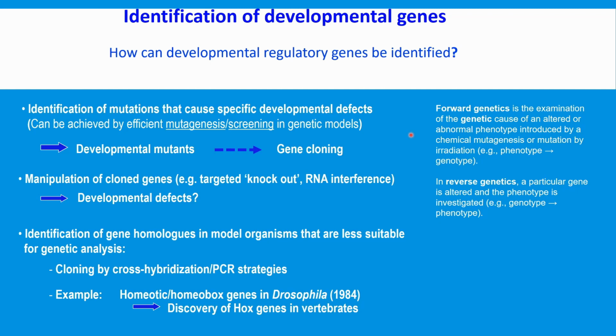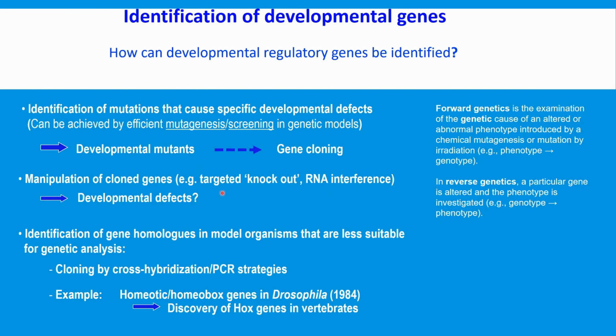This has changed somewhat since the publication of whole genomes from the year 2000 onwards. And now we basically have the genome of all the model systems and other systems that are less common, and we can do what's called reverse genetics, where we know the sequence of the gene already and we do a targeted approach on that gene to make the mutant.